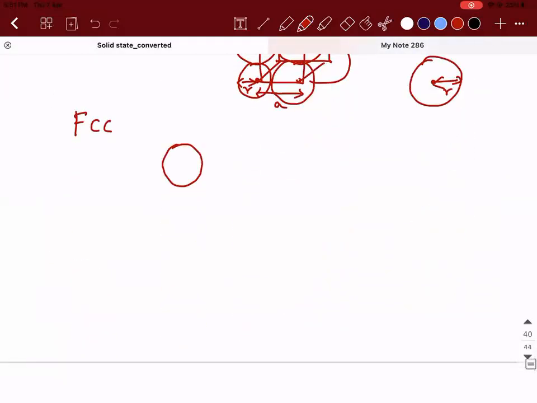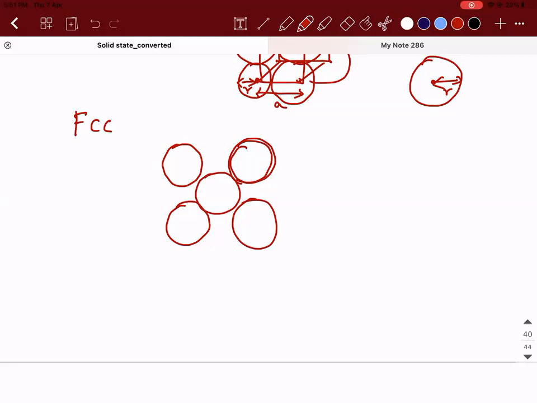Now just take this particle and another particle. It will be like this. Imagine 4 corner points, and one in the face. From any view, left or right or top or bottom. Clear?